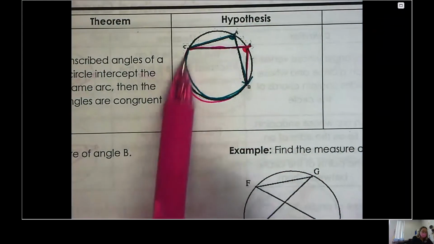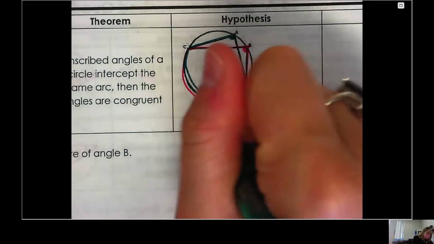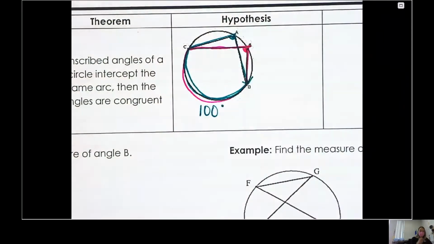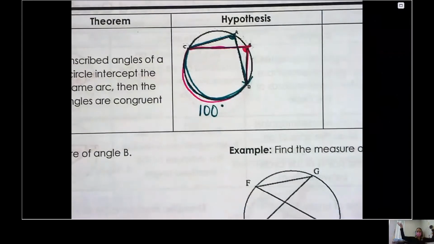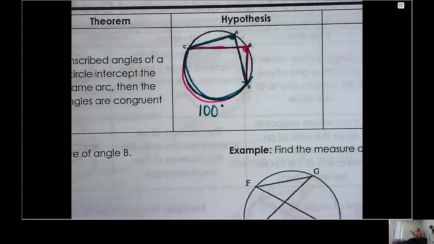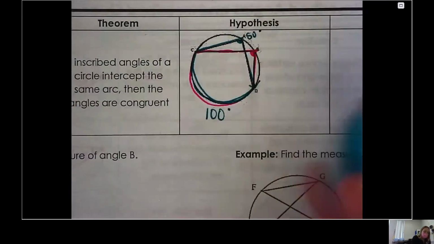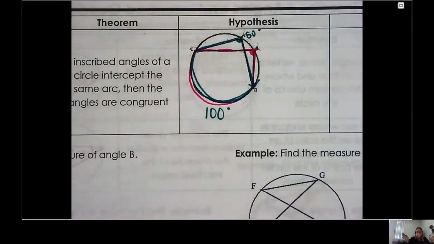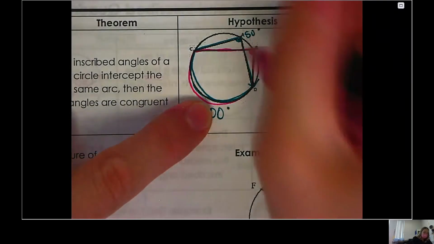If I tell you that this angle right here is, let's say, 100 degrees, what does that mean angle A has to be? Nope. It's an inscribed angle, so it's got to be half of it. So what does angle A have to be? 50 degrees because it matches up. But what does that mean angle B also has to be? It's 50 degrees again because it matches up with the exact same arc.